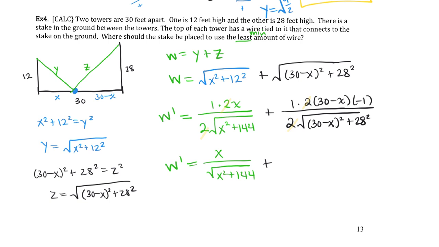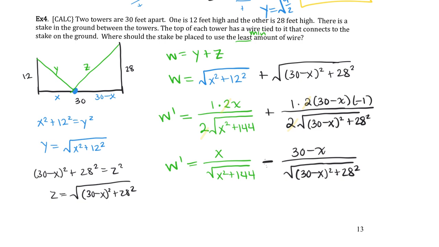There's a minus sign, so I'm going to bring the minus to the front. I'm going to leave 30 minus x at the top, and I'm going to leave the square root as it is, because I'm just going to have to type it in my calculator anyway.